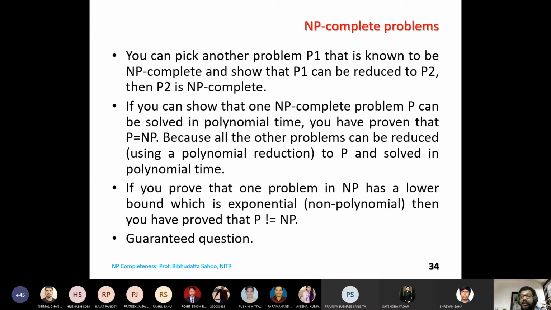This is what they proved: finding a prime number is an NP complete problem. That's why the title of that paper is Primes in P.